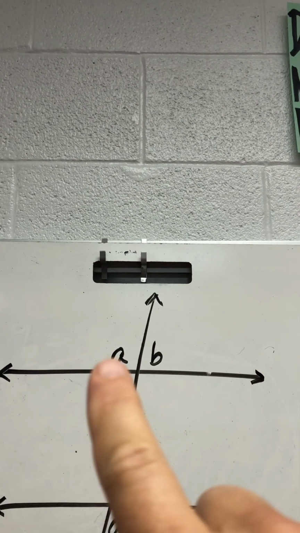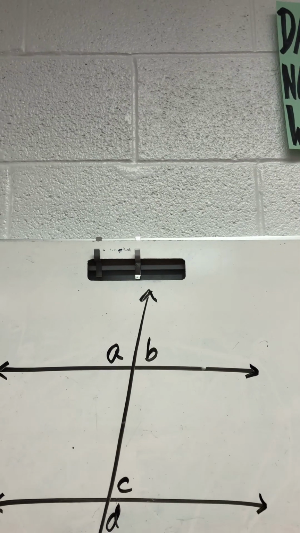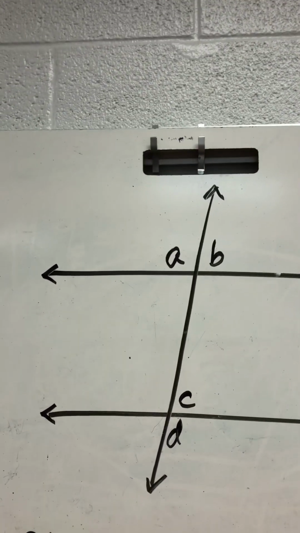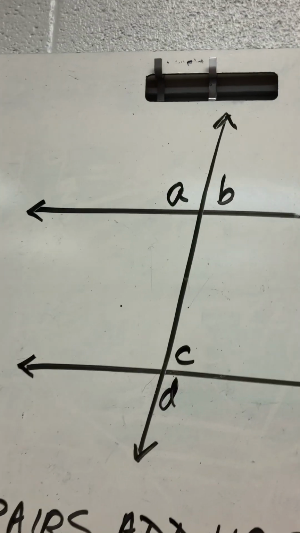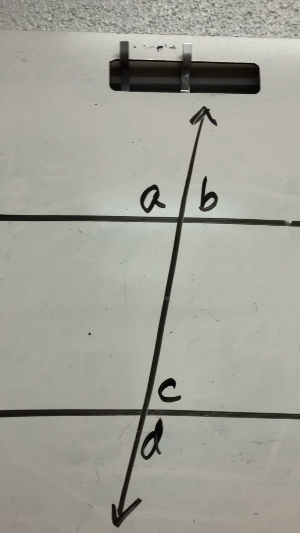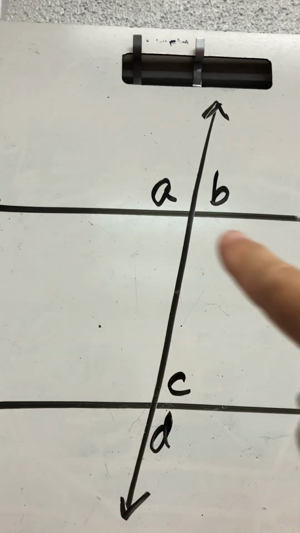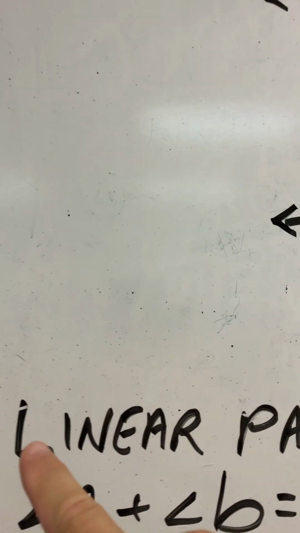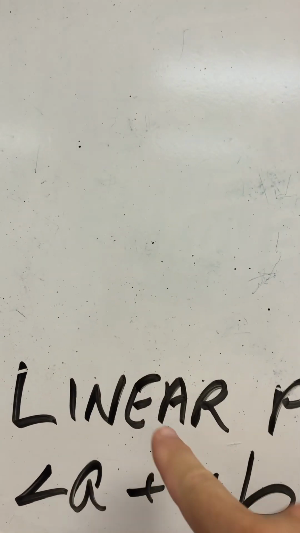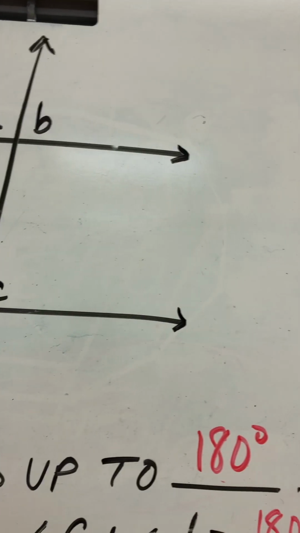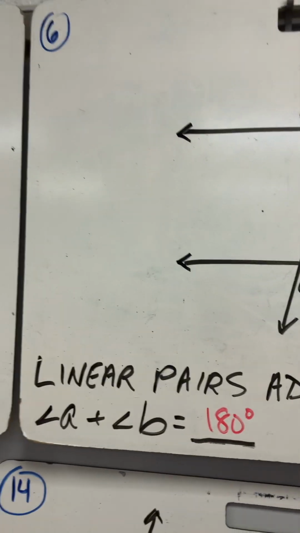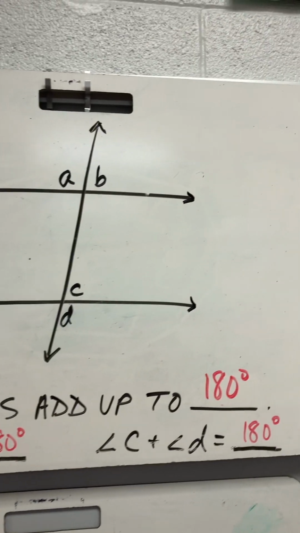So angle A plus angle B equals 180. Angle C plus angle D equals 180. They are called a linear pair because they make a straight line. The word line is inside linear. So linear pairs add up to 180.